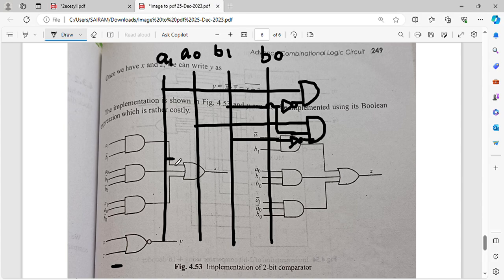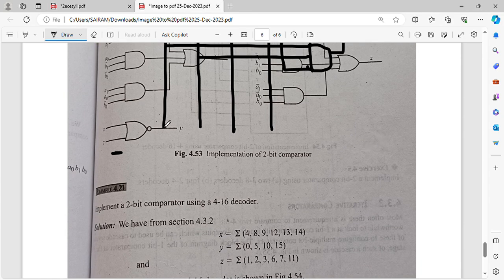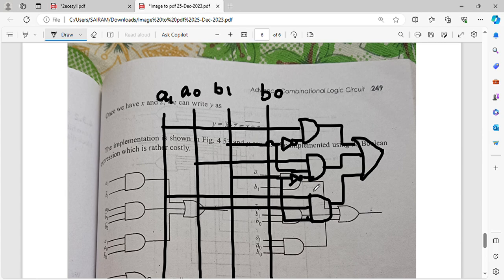So A1, A0, B0 bar. So these are all added together and given to an OR gate, right? Similarly, write it for the second one. This diagram is for what? This diagram is for A is greater than B.